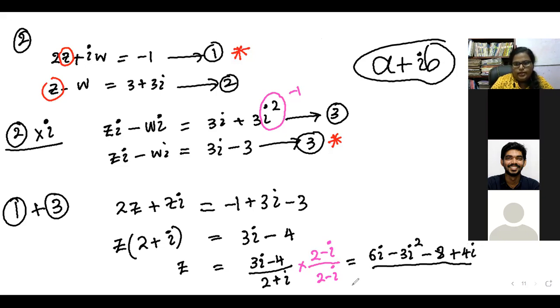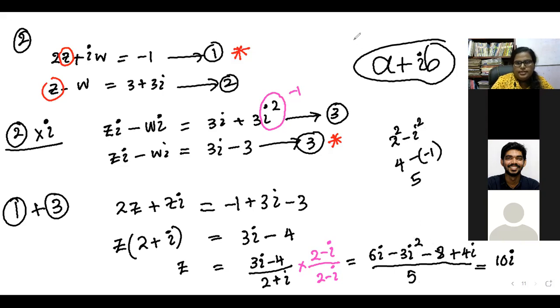Divided by, here you can see 2 plus i and 2 minus i, so we get 2 square minus i square. So 2 square is 4 minus minus 1, so it is 5. So our denominator is 5 here, and 6i and 4i can be taken together as 10i.